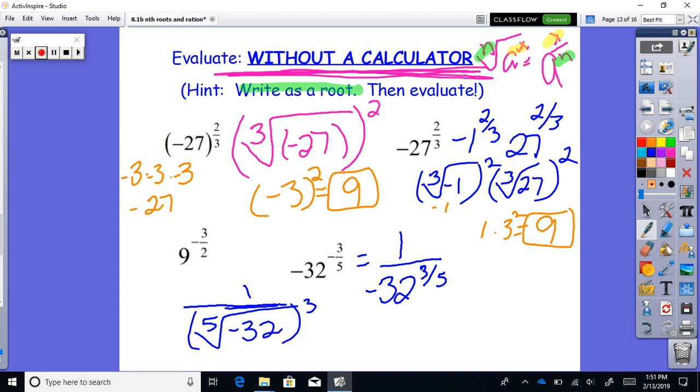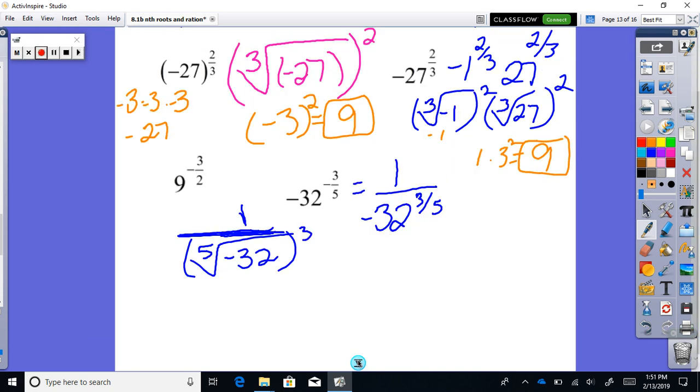So the 5th root of 32. What times itself 5 times equals 32? I need my page extender here. So 32 is 16 times 2. 16 is 4 times 4, I'm sorry. And 4 is 2 times 2.